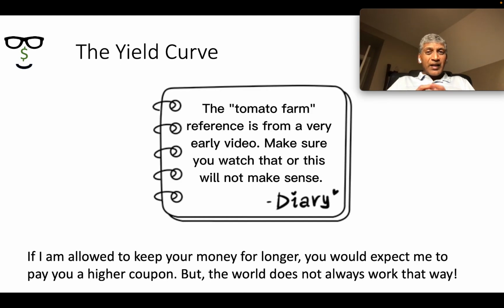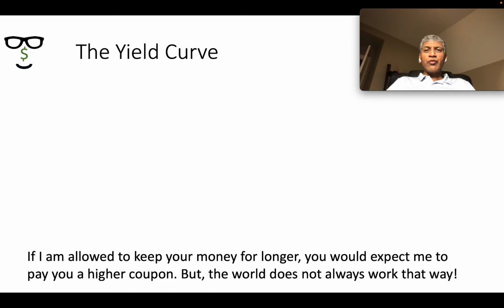So let's again go back to the tomato farm and recap that if you loan me money for 3 months versus you loan me money for 10 years, that's a very different risk profile. So you would rightfully want a higher coupon if you were to loan me money for a longer duration.